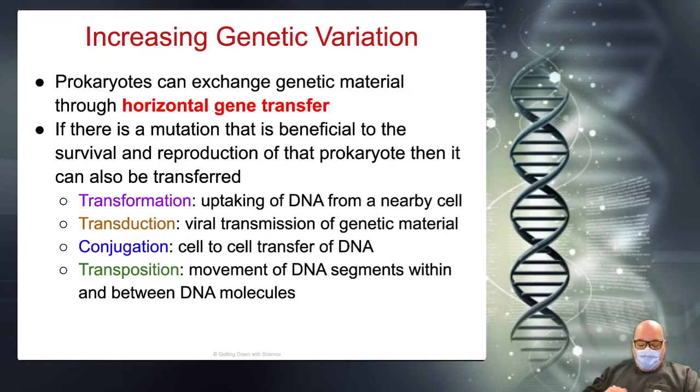Now, we are going to try to do a lab, and most of the time we pull it off, but sometimes it's not successful, where we do bacterial transformation. Instead of from a nearby cell, we're just going to cheat and surround the bacteria with little plasmids of DNA that we introduce to the environment, and then we do things to the cell.